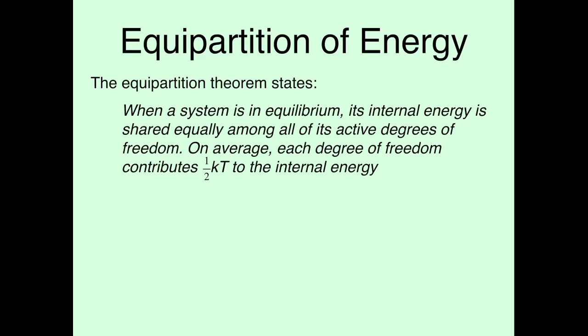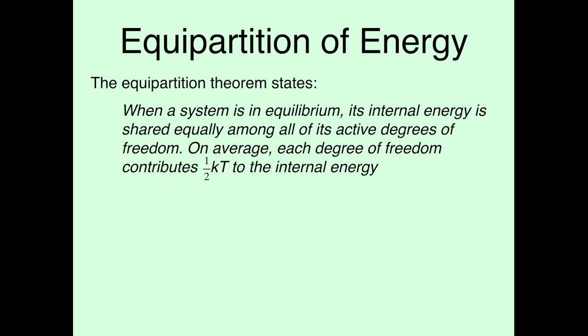That's what that means. Okay, so to explain that in a little bit more detail, when we talk about internal energy, remember this means the energy that the molecules themselves have because of their random motions. And then when we talk about degrees of freedom, we're just talking about the different ways that the molecules can have energy.